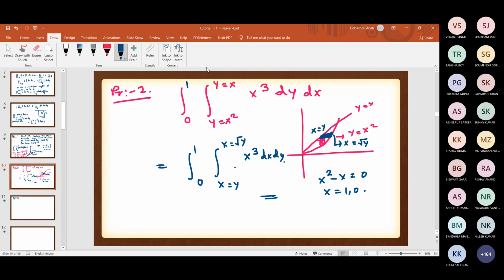Sir, why can't you write the lower limit as x equal to root y and upper limit as x equal to y here in the second case? Actually, I have written it wrong here.